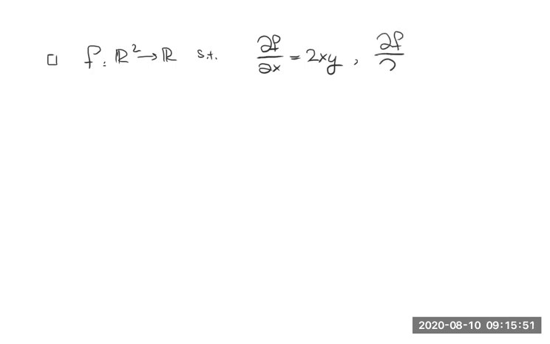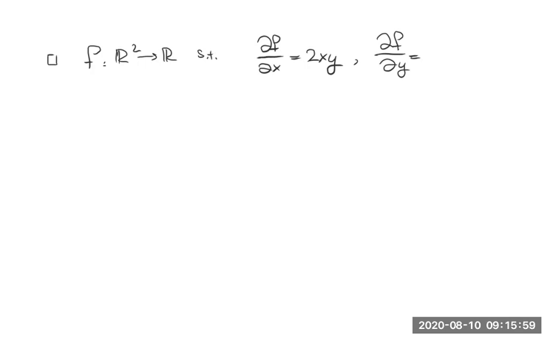Now, if the question tells me we have a function f from R2 to R such that the derivative of f with respect to x is 2xy, right? And derivative of f with respect to y is, well, let me think for a second.